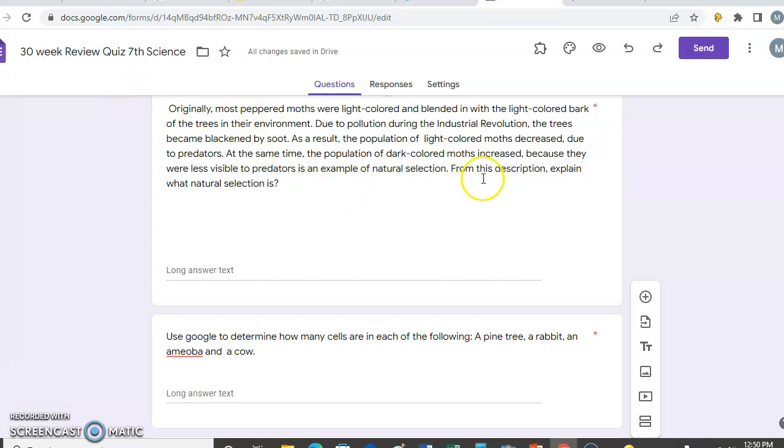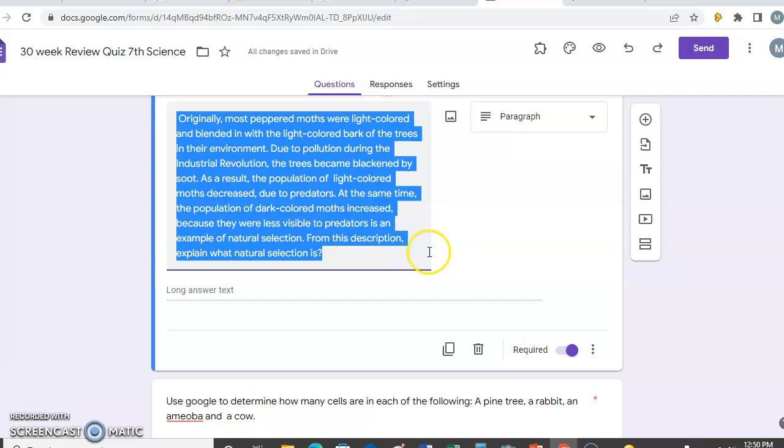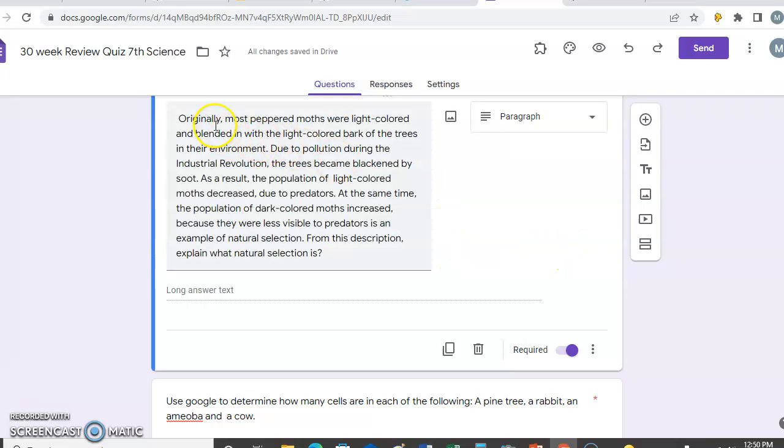So, natural selection. What is natural selection? So, looking at our question. Most peppered moths were light colored and blended in with the light colored bark of the trees. So, here's the story. At the start of the day, you have a moth that is light colored.